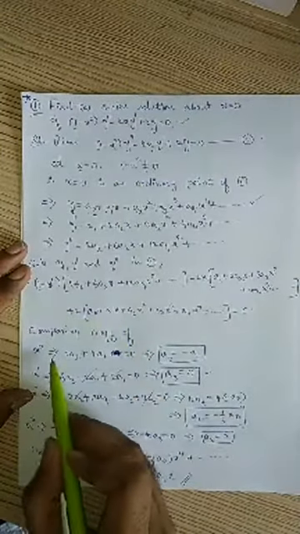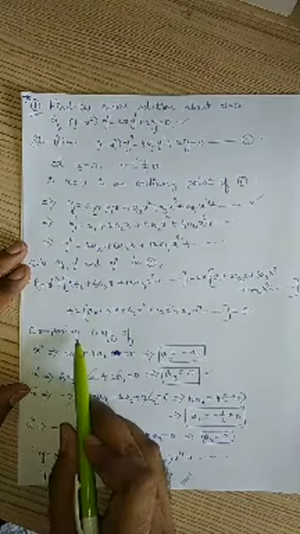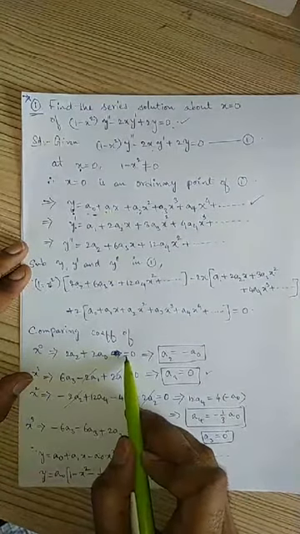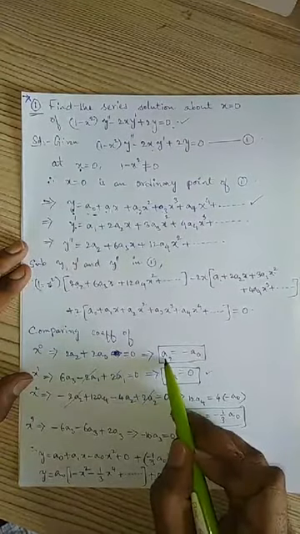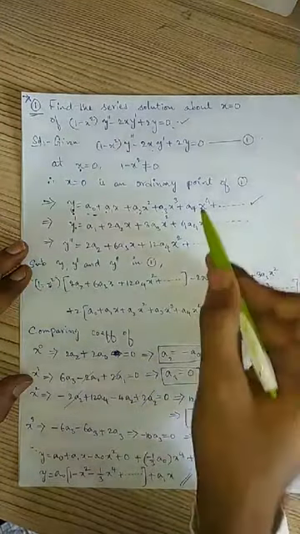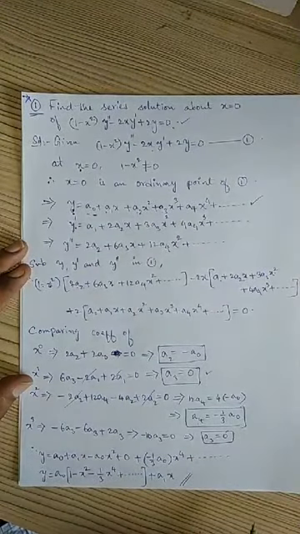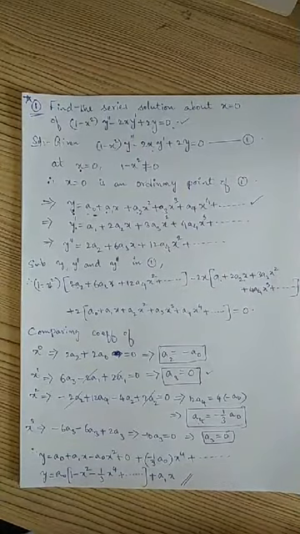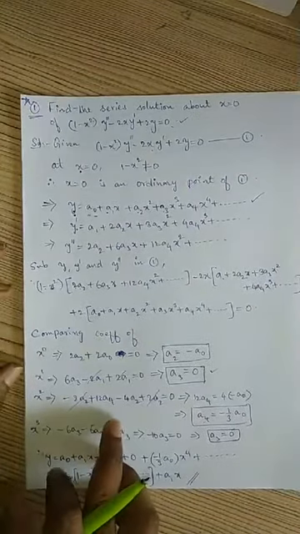Then compare step by step, we have to compare the coefficients of x power 0, x power 1, x power 2, and equate them to 0. Then we will get the values of a2, a3, a4. Then substitute all these values in y. Then we will get the required solution. Right? This is the procedure. We will see one more problem in this.